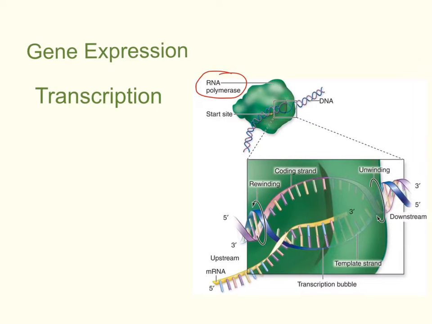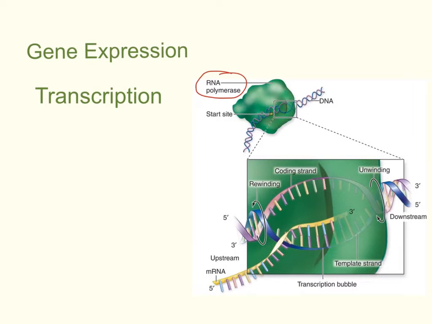Having a promoter and a start site are important not only for determining where to begin transcription, but also what direction to go in. The code is copied by building a strand of messenger RNA.